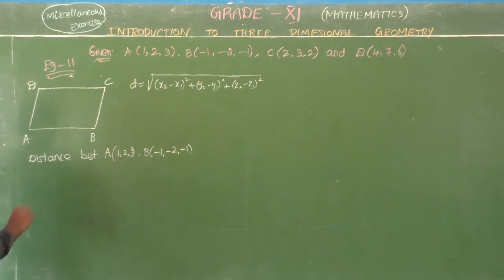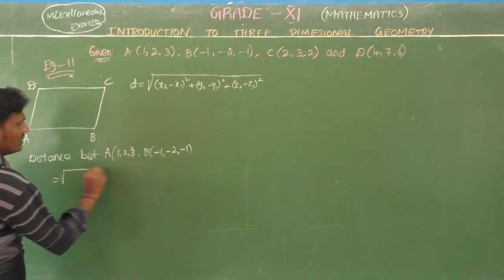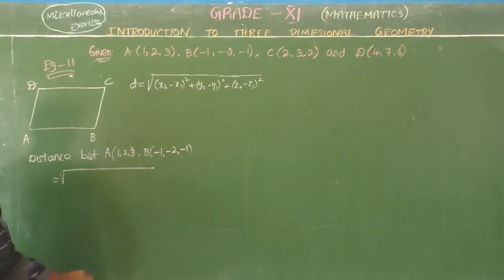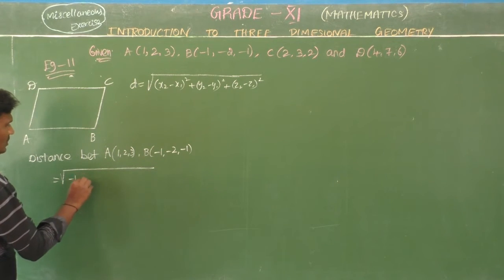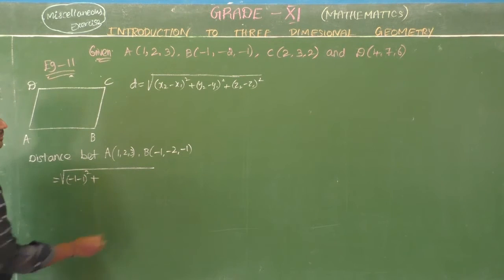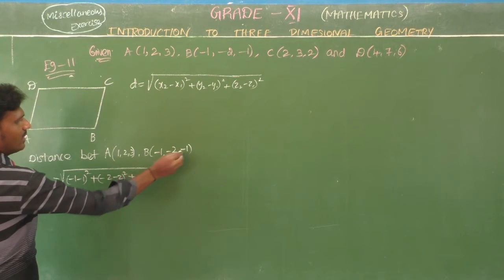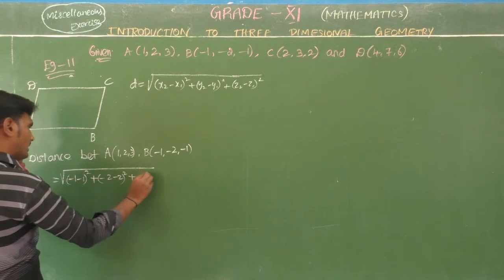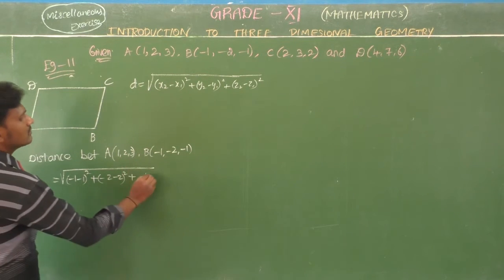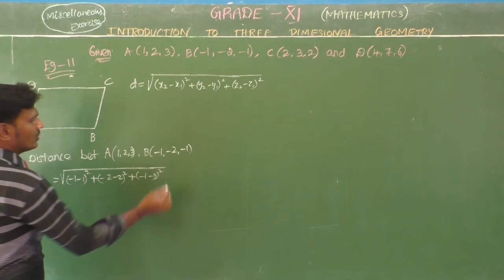Now the distance between AB is the square root of (-1 - 1) the whole square plus (-2 - 2) the whole square plus (-1 - 3) the whole square.